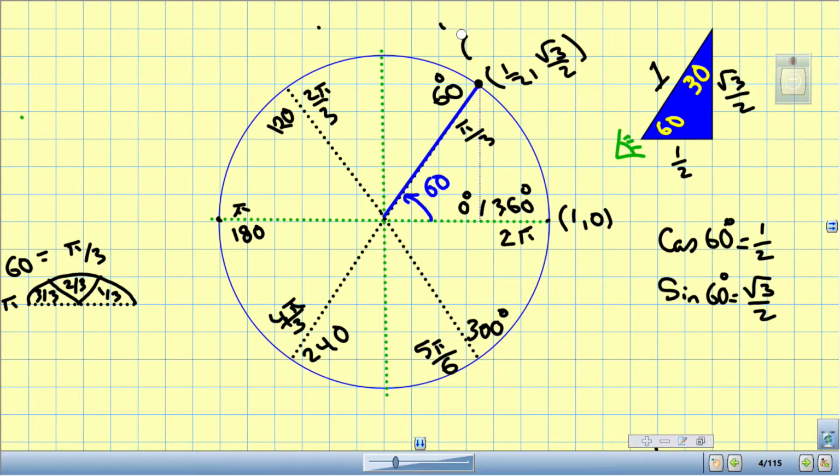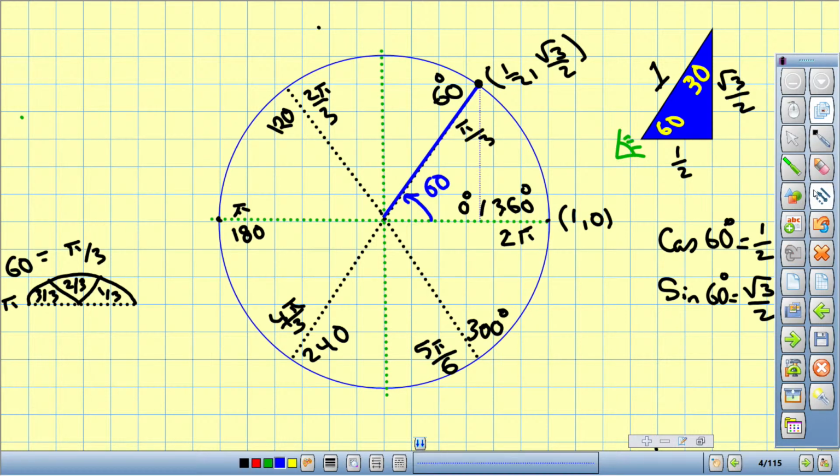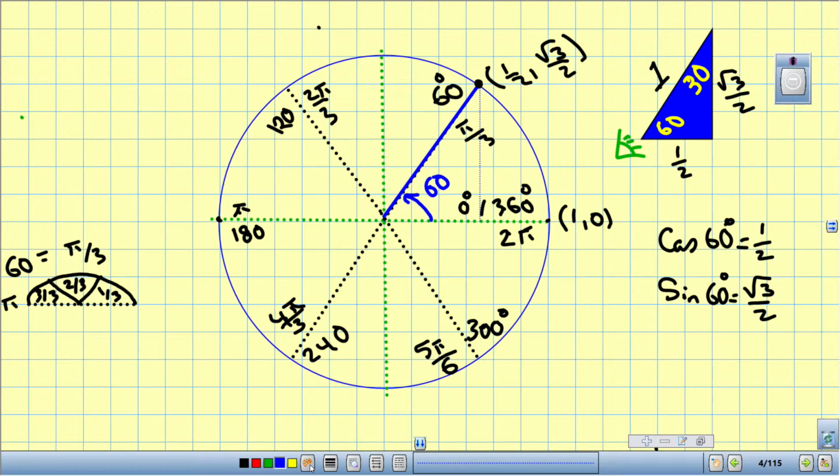Now, before I continue with the 60 journey, I want us to remember the following. If I have x and y coordinates, or Cartesian coordinates, or rectangular coordinates, and I'm in the first quadrant, think with me a little bit here.